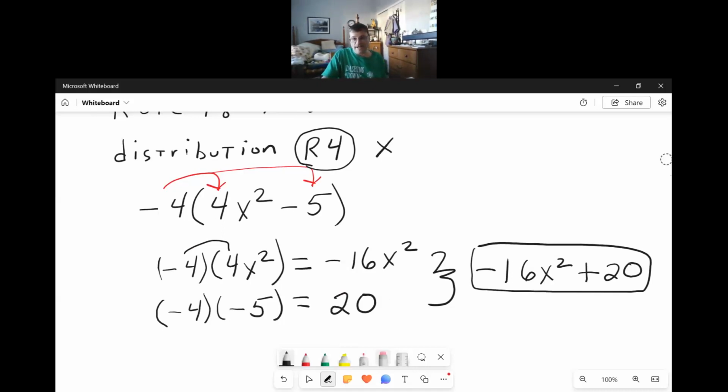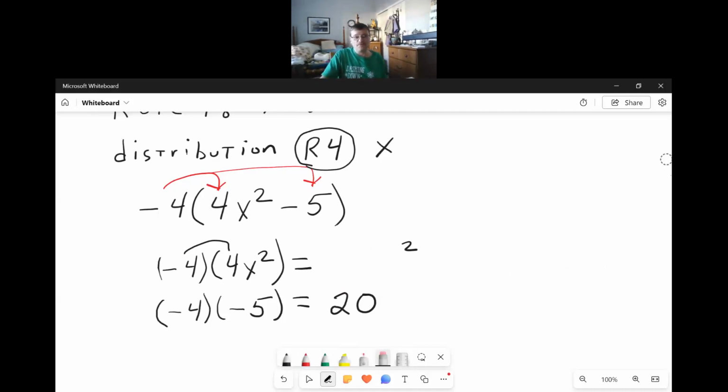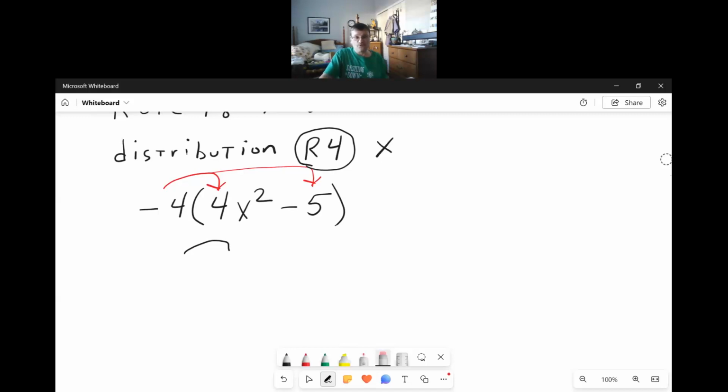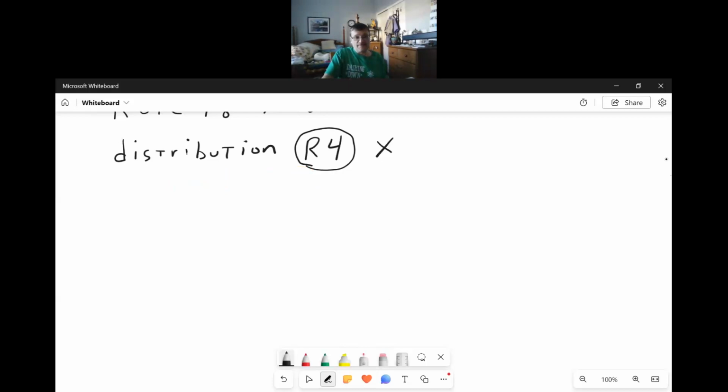One more example of distribution, and then we're going to apply this to simplifying expressions using rule 4. Okay, negative 7. So let's say we have here negative 3a to the second power minus 4a plus 1. Close the parentheses.